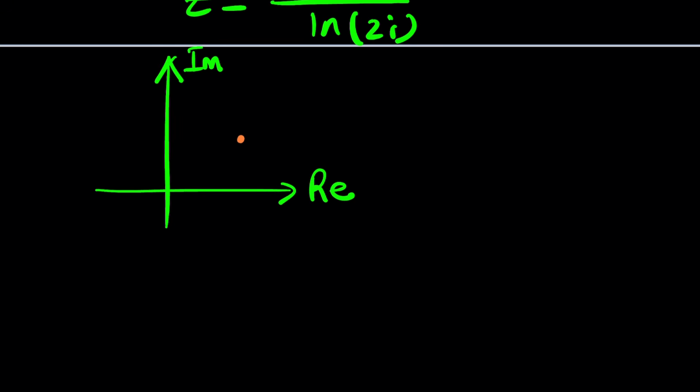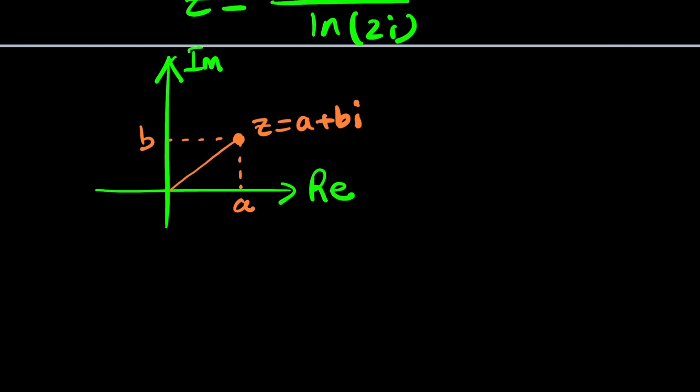Let's call that number z, a plus bi, and suppose, for the sake of simplicity, that a and b are both positive. It doesn't matter if they're negative, but let's represent a complex number with a dot. You can also connect it to the origin and express it as a vector, no big difference.